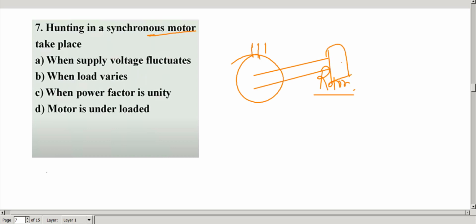So in a synchronous motor, only if the load changes will hunting take place. Supply voltage fluctuation comes under an alternator, where the generator is supplying voltage, whereas here the motor is giving the load. So for a synchronous motor, it means load.